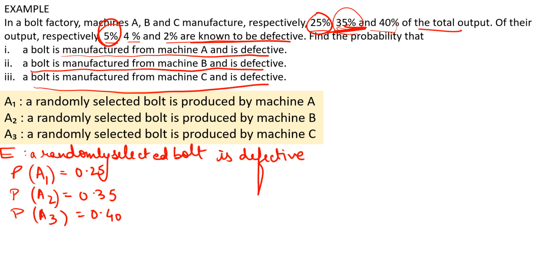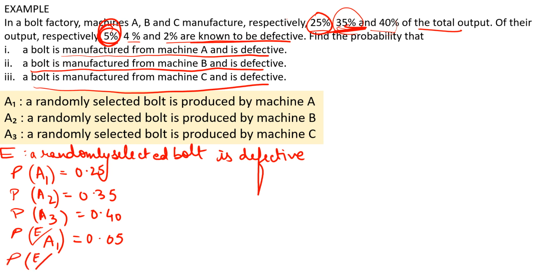Now our second thing: of their output respectively 5%, 4%, 2% are known to be defective. So now let's find out, we have selected a bolt produced by machine A. What is the probability that that bolt is defective? So what we are saying is the probability that the bolt is defective given that it is produced by machine A. That probability is simply 0.05.